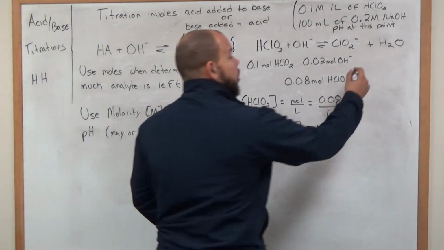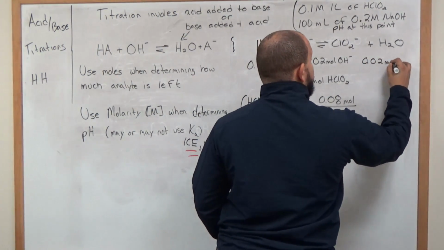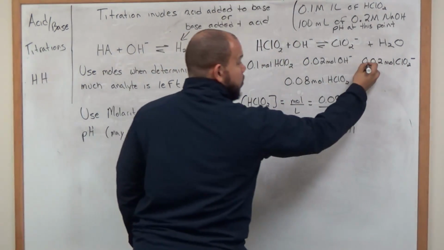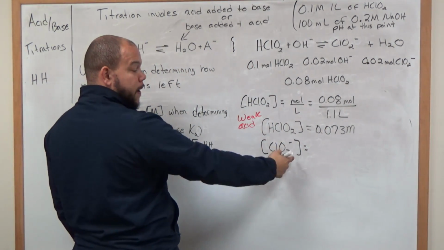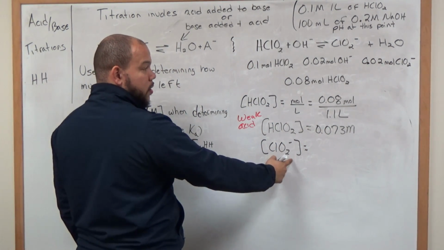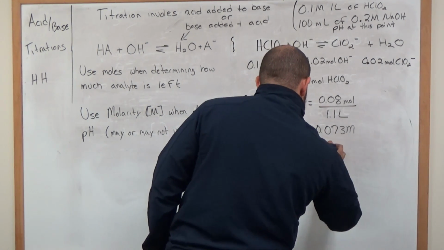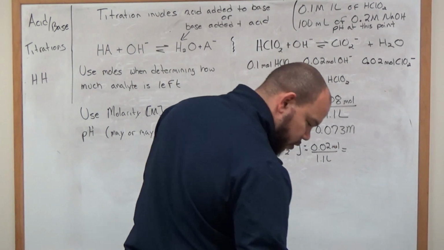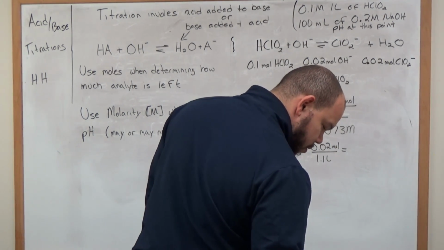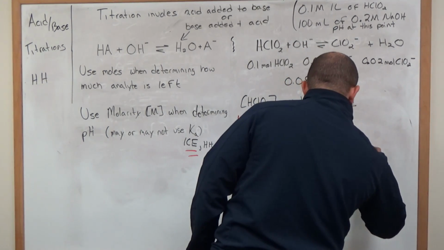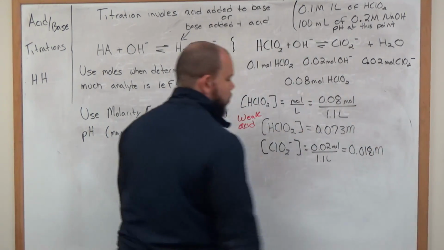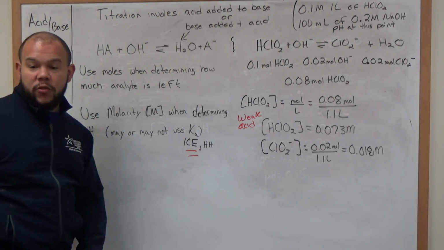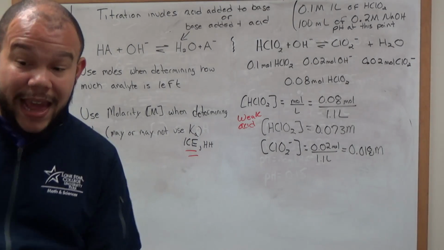So we formed 0.02 moles of ClO2 minus during this titration. Therefore, the concentration of ClO2 minus is equal to 0.02 moles over 1.1 liters, and that is equal to 0.018 molar.